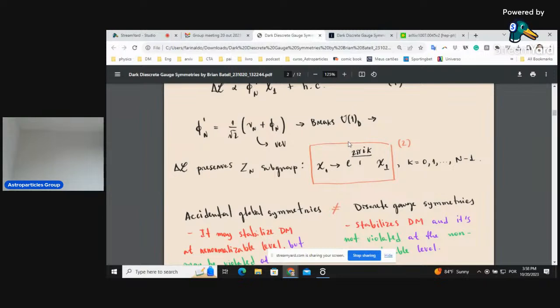In this case, there is a charge related to this field here. When we break a symmetry, maybe there will be remnant symmetries, subgroups, sub-symmetries. It's like I have a big thing, I break it, and many things go apart. So I will have pieces of this symmetry.